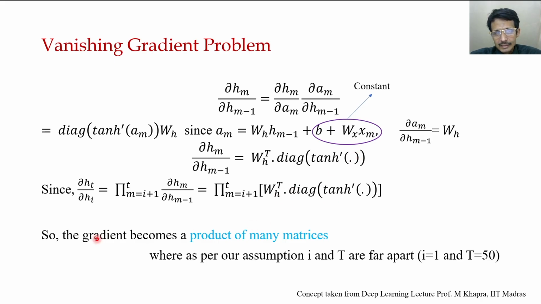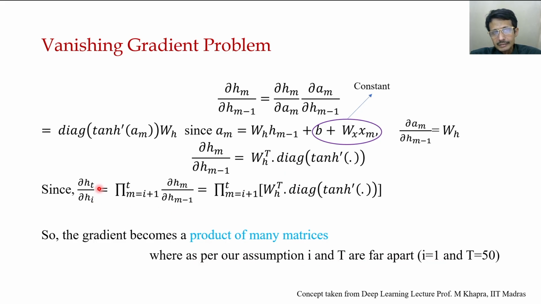So this gradient, now it is very important. This gradient at the initial time instance becomes a product of many matrices, and that is the essential thing to understand, where as per our assumption i and t are far apart.